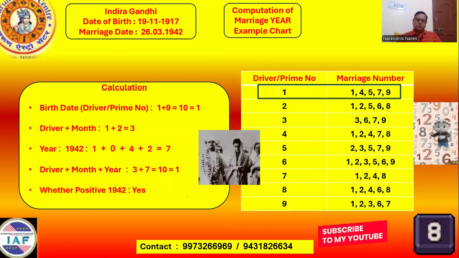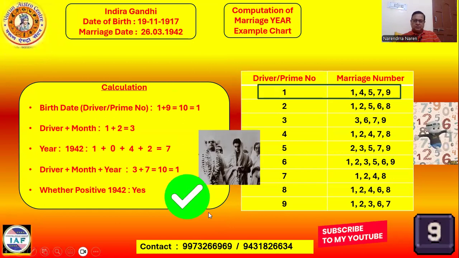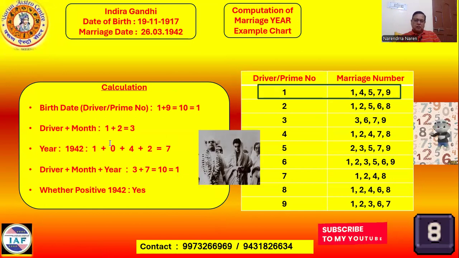Year 1942: when the year 1942 is added together, we are getting 7. 9 plus 1 is 10, plus 4 is 14, plus 2 is 16, which is equal to 7. And when driver, month and year are all added together, 3 plus 7, we are getting 1.